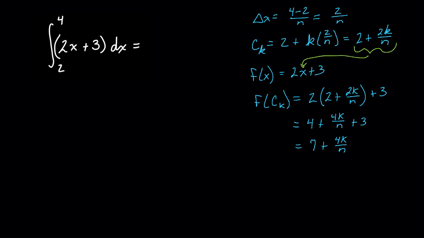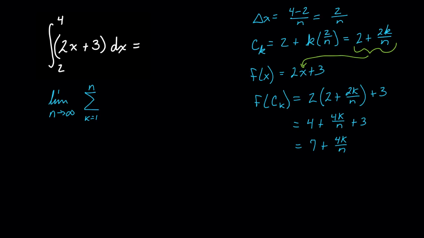All right, so building our limit definition then, this is going to equal the limit as n approaches infinity, sigma going from k equals 1 up to n. This part is going to be the same exact thing on every one of your problems.